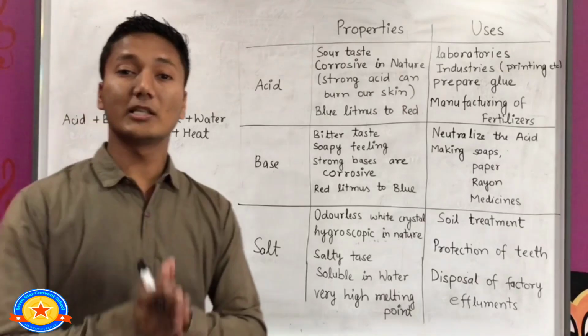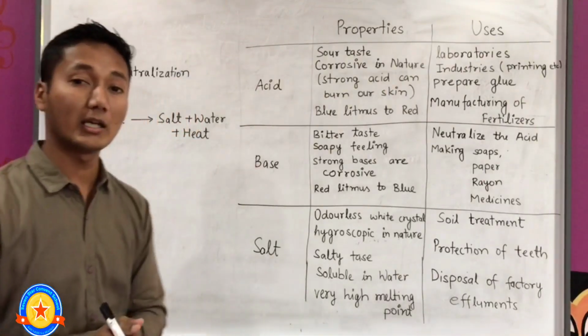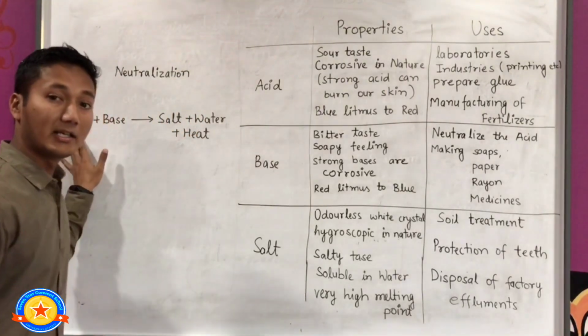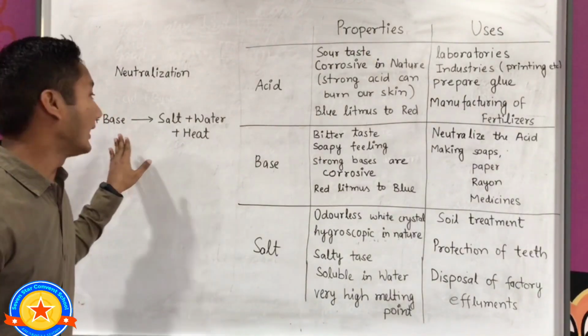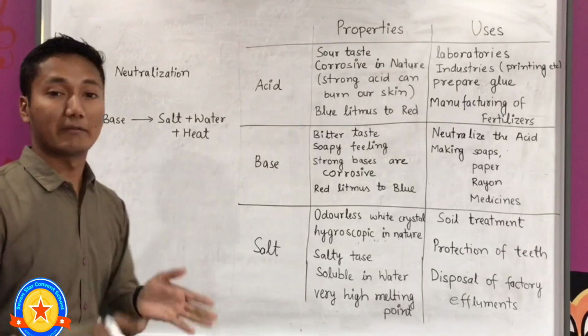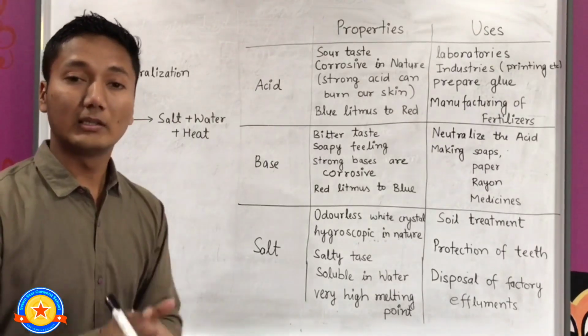In the same sense, if somebody asks you what is salt, then you can say when an acid and a base react with each other, the product is salt, along with water.